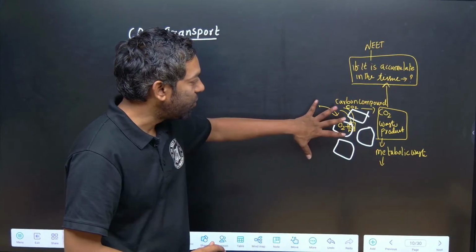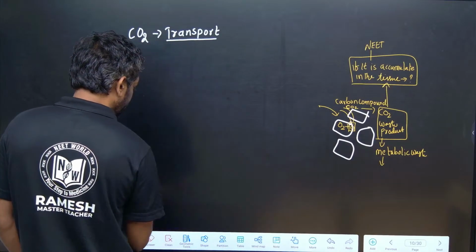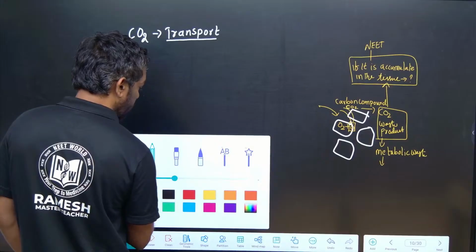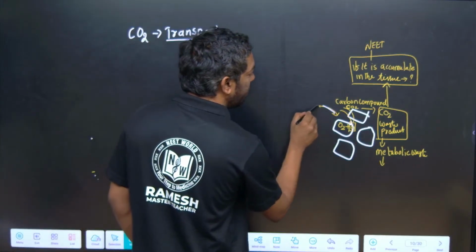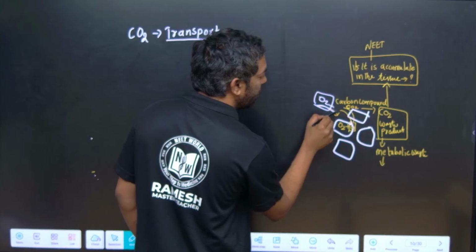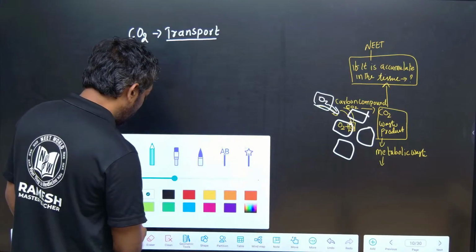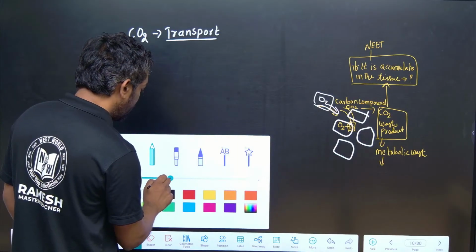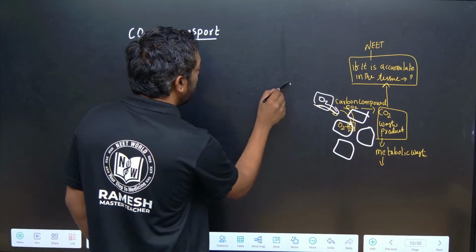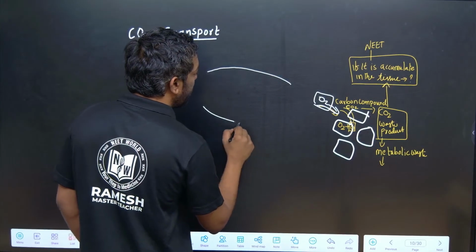Okay, this CO2, where is the oxygen coming from? The oxygen which enters into the tissue, from where? From the blood, right? This is the blood vessel.